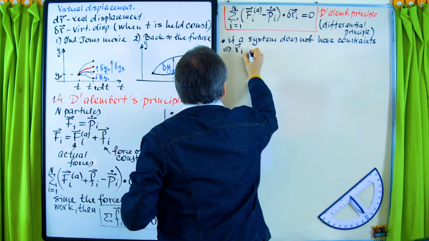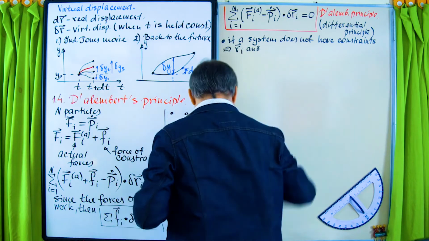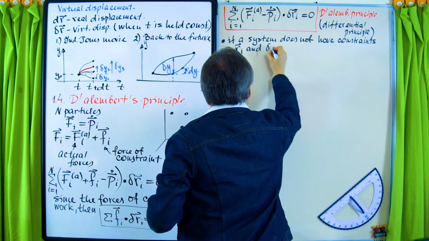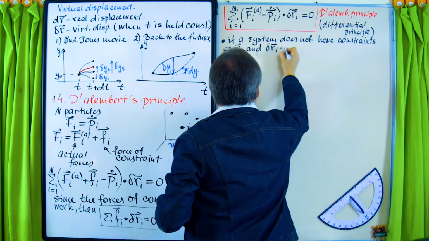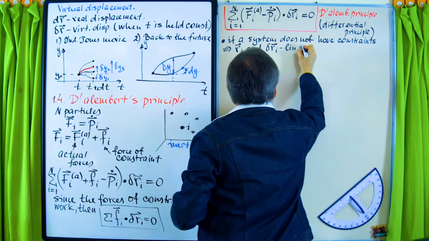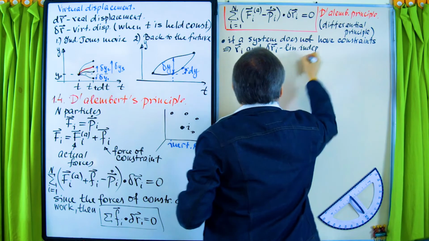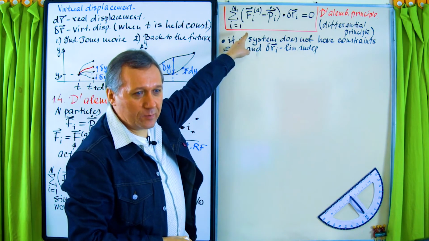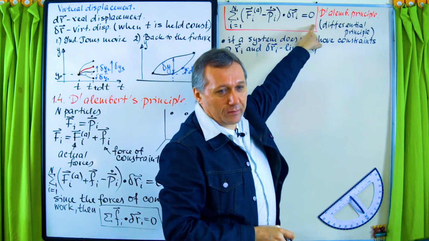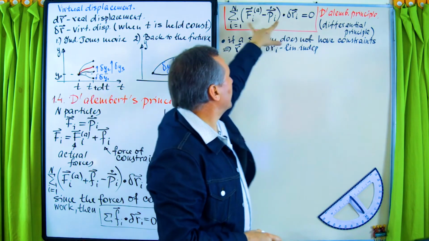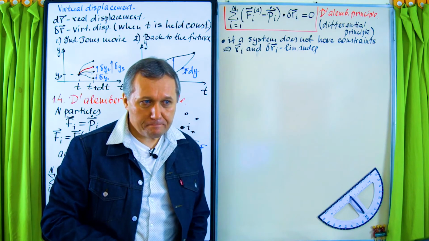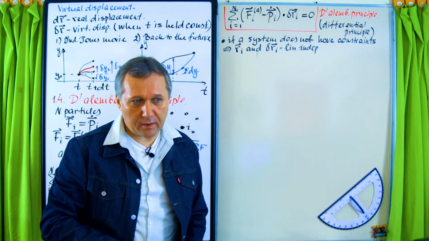Ri and delta Ri are linearly independent. And so if they are linearly independent in this sum, it means that this can be equal to 0 only when each of these factors in the sum is 0.